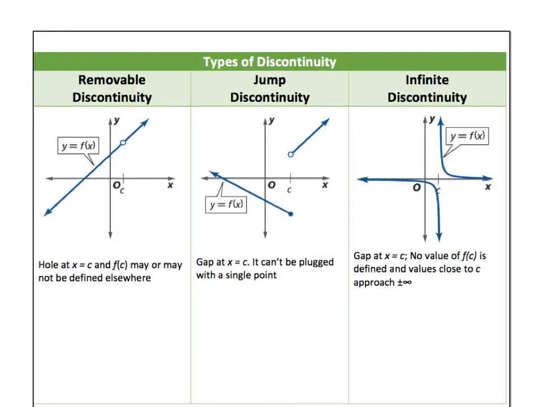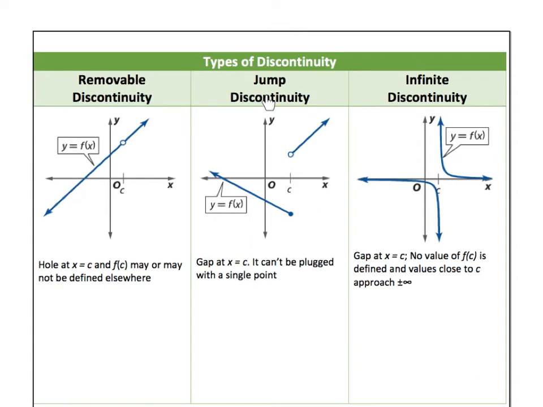Now, not all functions are continuous. As a matter of fact, we have quite a few discontinuous functions, and we classify the type of discontinuity that we see. So the first is removable discontinuity. So I trace my pencil along this line, there's a hole right here. Okay, so removable discontinuity can be plugged with a single point. Okay? There are 2 types of non-removable discontinuity.